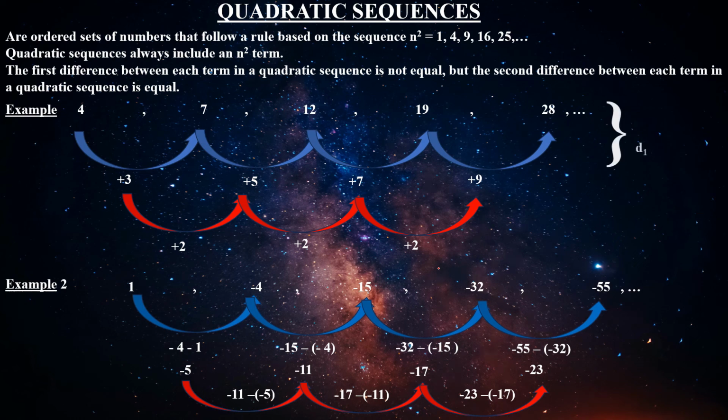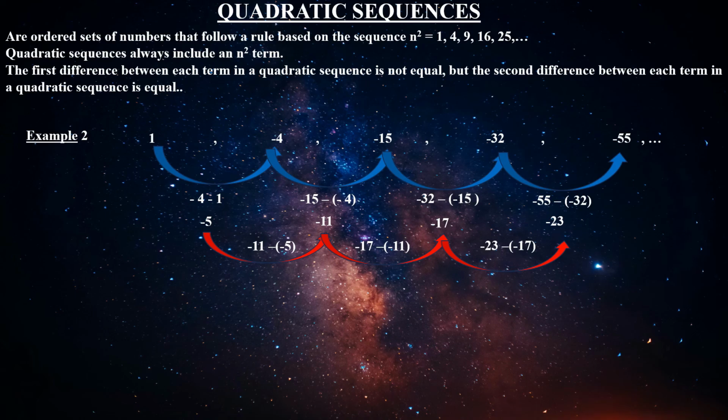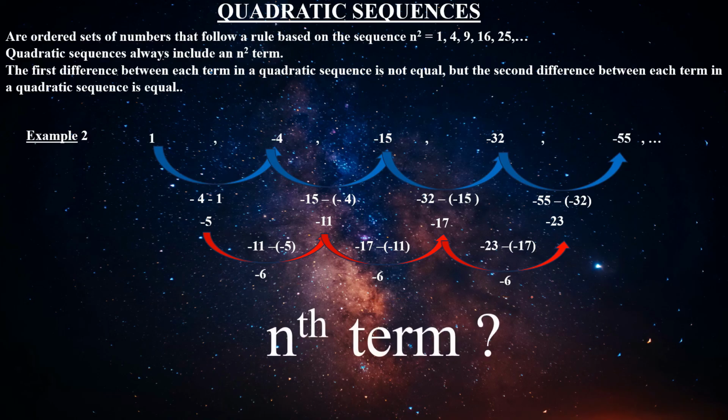Like I said, this one is D1 and this one is D2. So now you can see you're going to have negative 6 right here, and negative 17 plus 11 is going to give us negative 6. As you can see, these are constants. That is the second difference. So these are quadratic sequences.